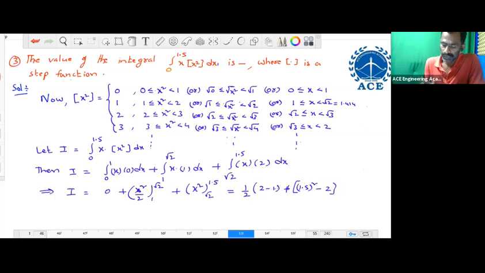Therefore, I equals 0.5 plus 1.5 square minus 2 ... equal to 0.75. It is the value.